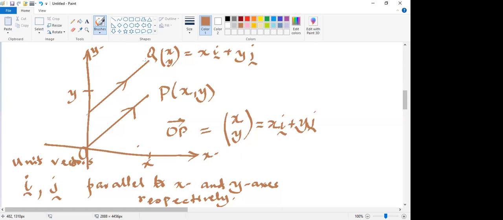Position vector should be from the what? From the origin. So if I am interested in the position vector of Q, then I should talk about from the origin to Q. The vector OQ is the position vector of point Q. So we can have many vectors that are equal, but it will not be very easy to have vectors that are position vectors.